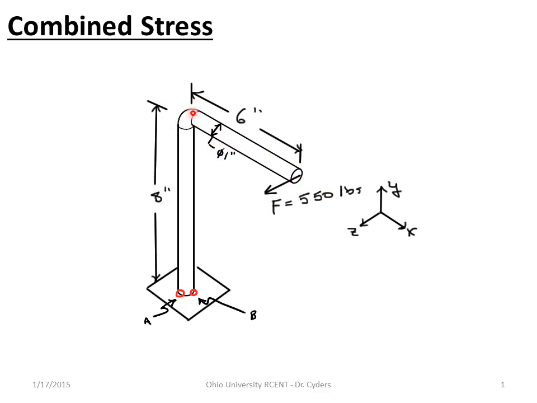Where this line is here, if I cut it there and act like that's fixed, I have a beam problem. It's just a round beam with a single transverse load at the end, and I know that there would be a reaction load here in the opposite direction equal in force, so you'd have a 550-pound load here, transverse, and then I have a bending moment here as well, equal to 550 pounds times 6 inches.